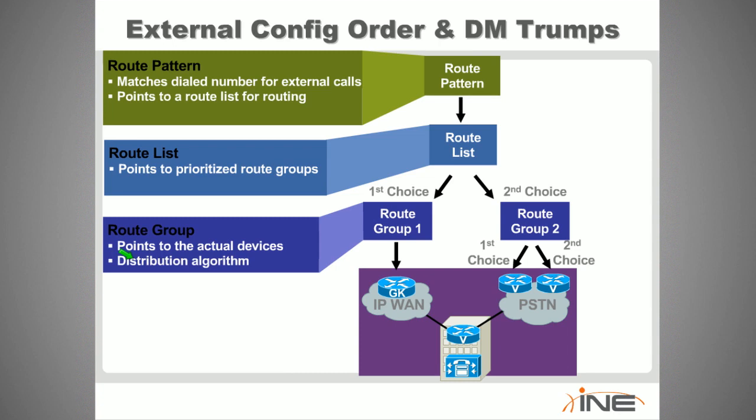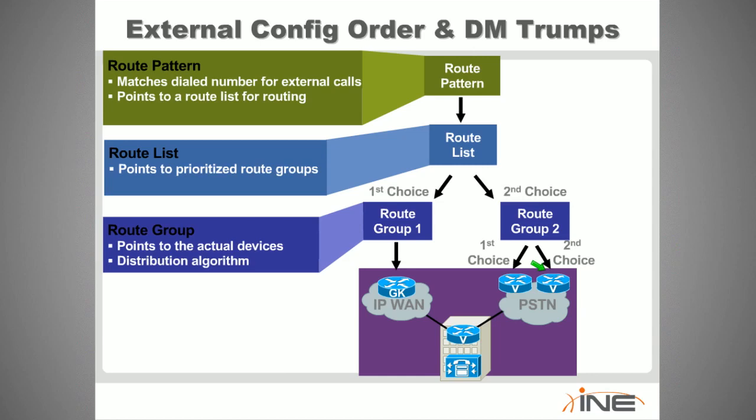The reason for the distribution algorithms, such as circular or top-down, is that we have the ability, although we typically don't use it in the CCI Voice Lab. I wouldn't say we don't use it. I would just say that the majority of our setup doesn't use it, but occasionally we probably will be using it. Route groups certainly have the ability to have multiple gateways, multiple trunks, could have multiple different types.